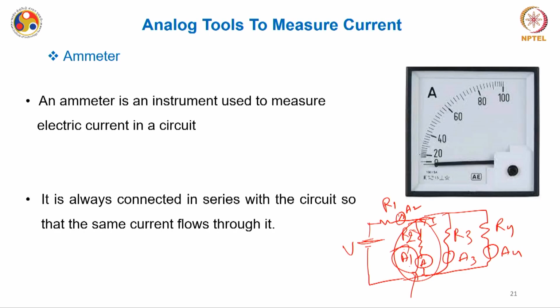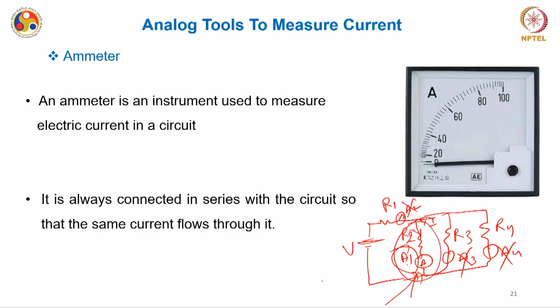Now, let us come back to this particular example. I have resistances R1, R2, R3 and R4 in place, and for the time being I am disconnecting all these ammeters and only ammeter A1 is in place. Since this is a real ammeter, not an ideal one, it will have certain resistance.